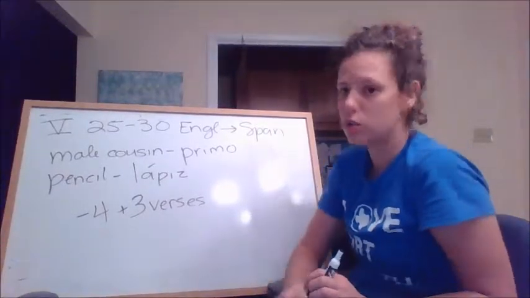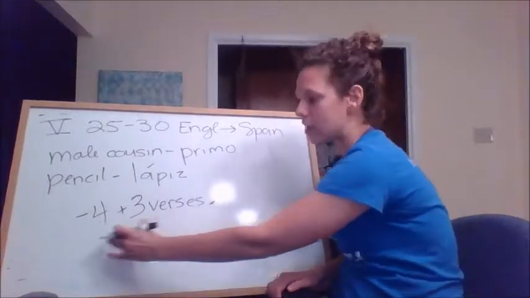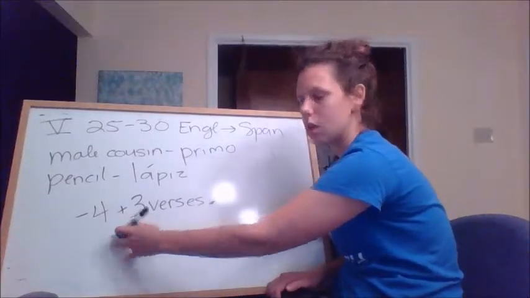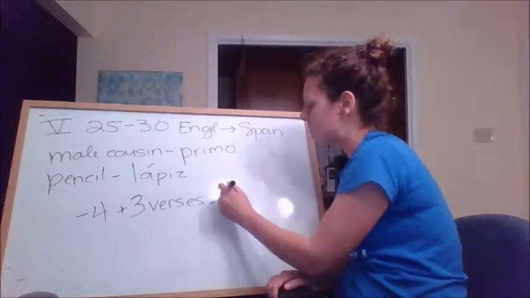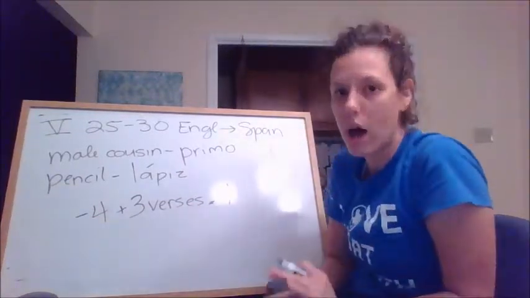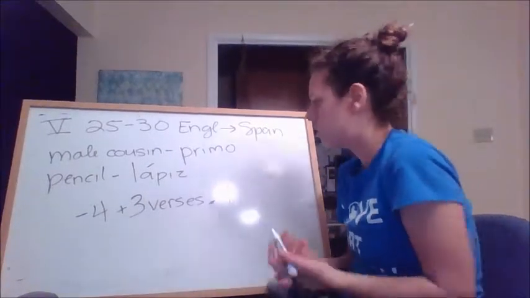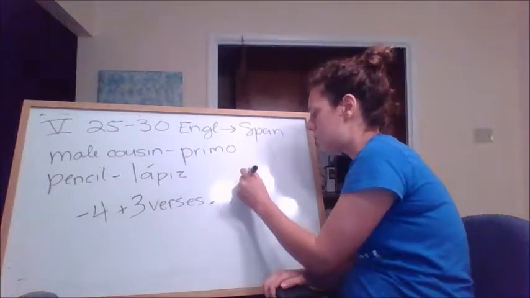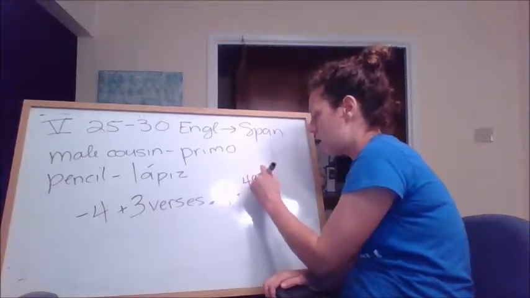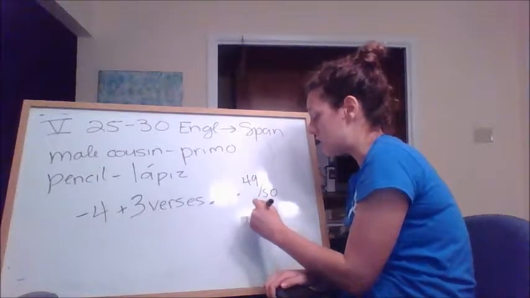Each lesson has a verse, so there's 3 verses. So each verse cancels out a wrong answer, which means that if you had missed 4, you got 3 verses. That means I would only count off 1 wrong answer. Okay? So then let's say it was out of 50, so it would be 49 out of 50.